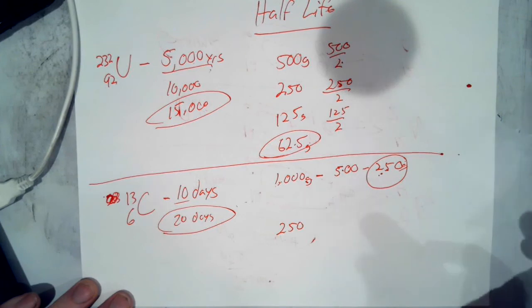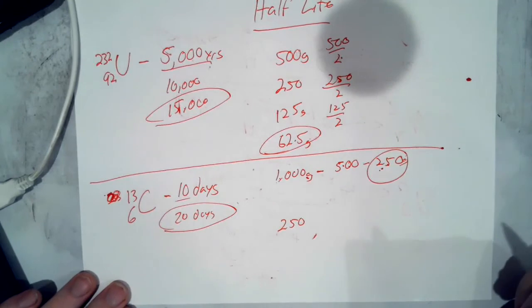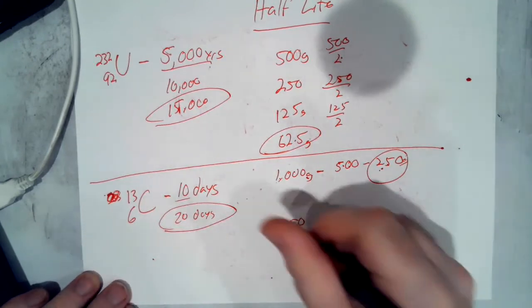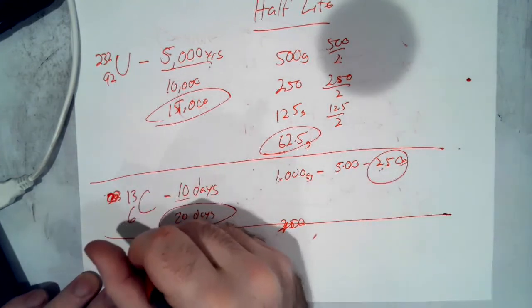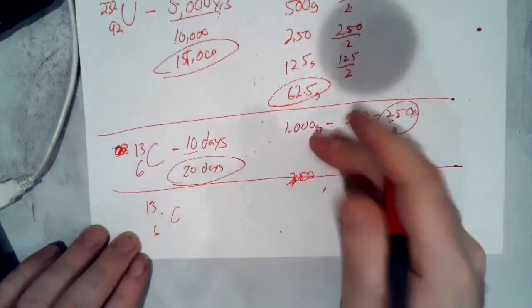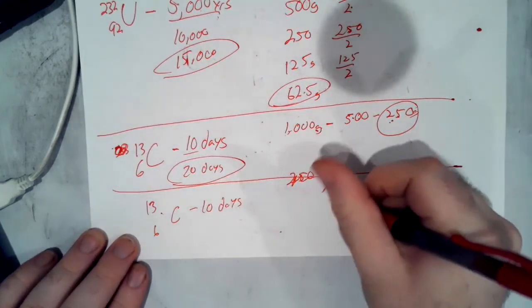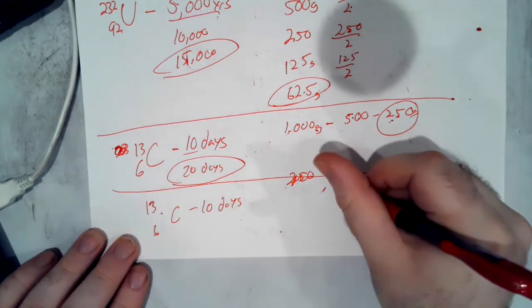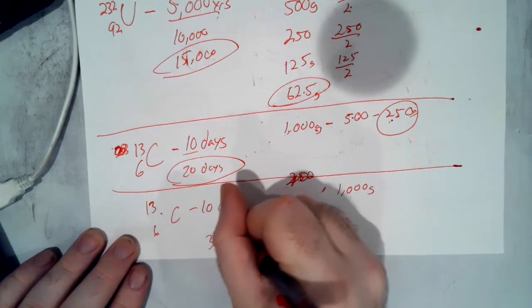Another example might be this. Starting off with carbon again, it's got a 10-day half-life. If we started off with 1,000 grams, how much would be left after 30 days?